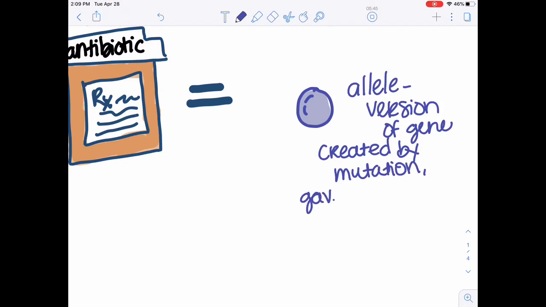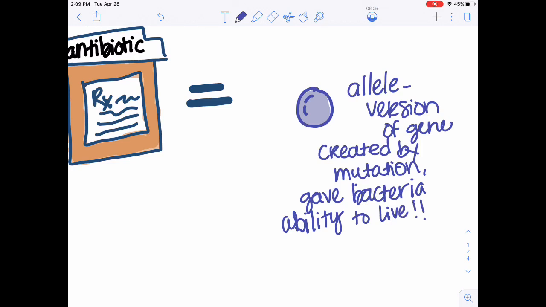So it gave the bacteria the ability to live in the presence of that antibiotic.